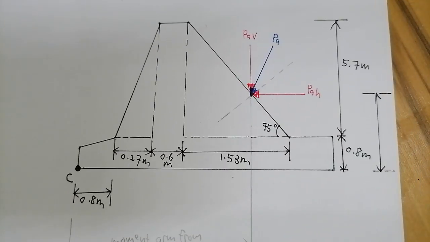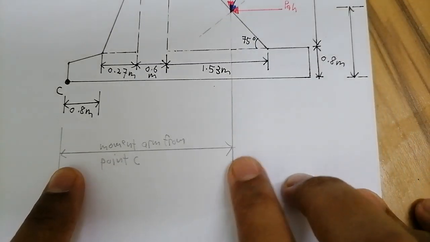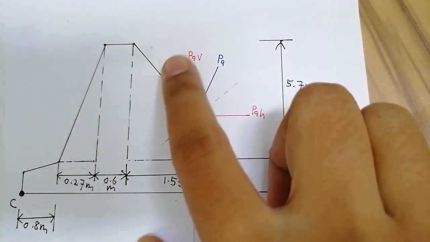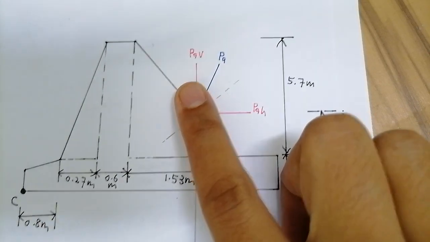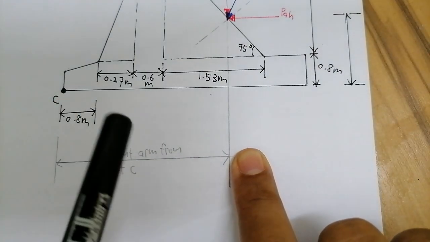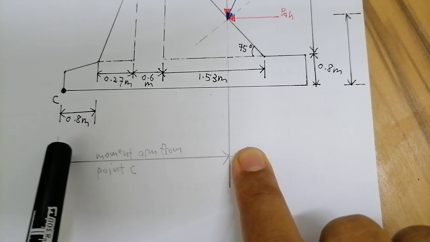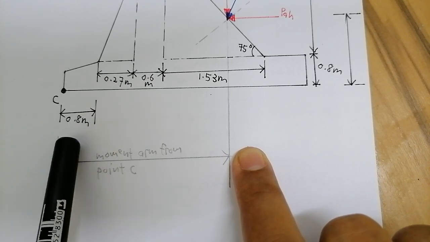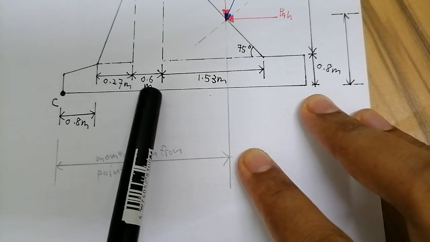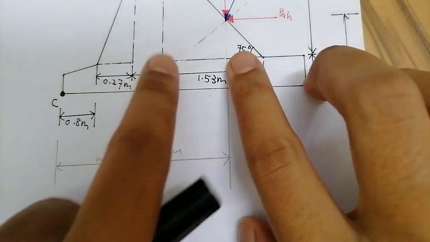So we want to calculate this. We go straight forward. This is our PAV. We got the value already, so we're done with this. Now we want to calculate the distance from point C. So basically you just have to add this distance 0.8 plus 0.27 plus 0.6 plus this distance here.